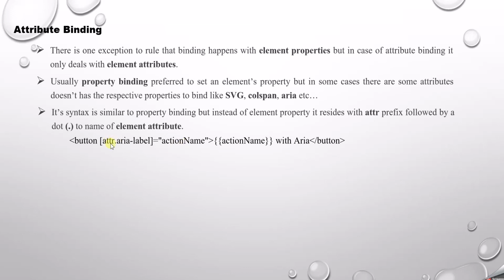Attr, this keyword, then put a dot, then access the element attribute which doesn't have its own property in the DOM, aria-label. And here you can write anything, it is just the button value. That's it. Let's see it in action.